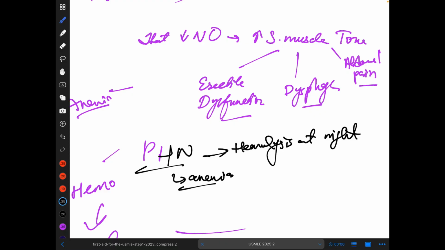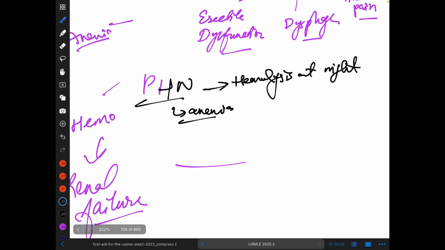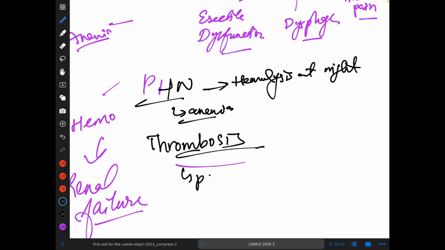Secondly, there is abdominal pain from smooth muscle tension, and thrombosis. Thrombosis is the main leading cause of death, usually venous clots in unusual locations like portal, mesenteric, and cerebral veins.